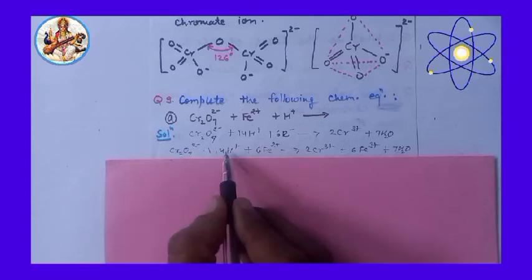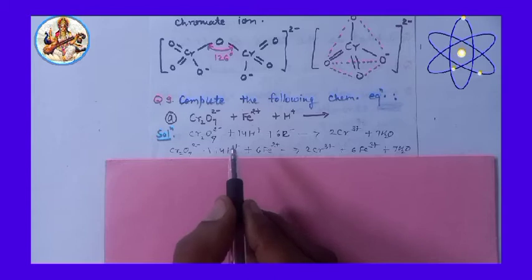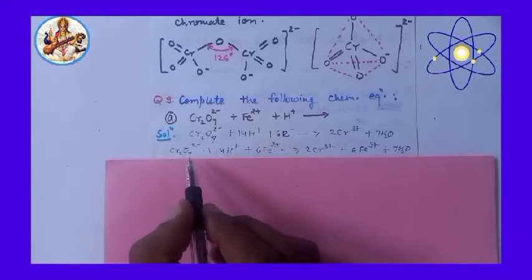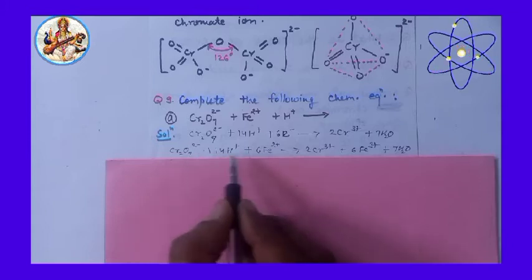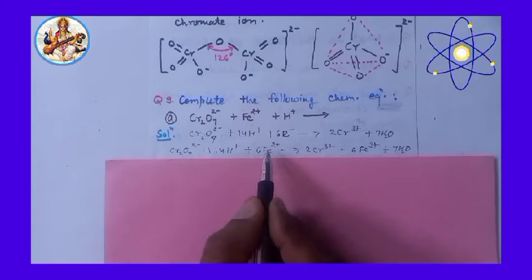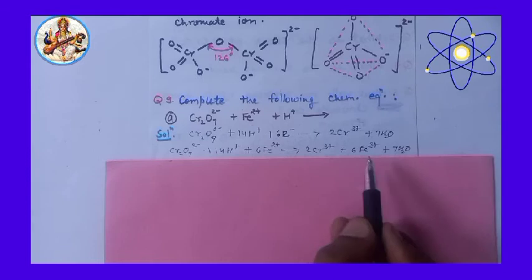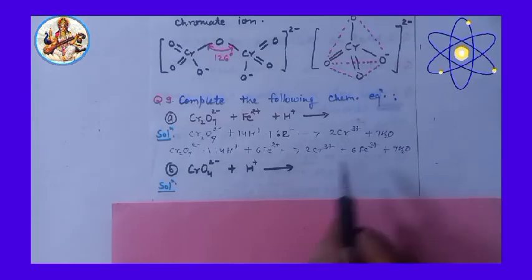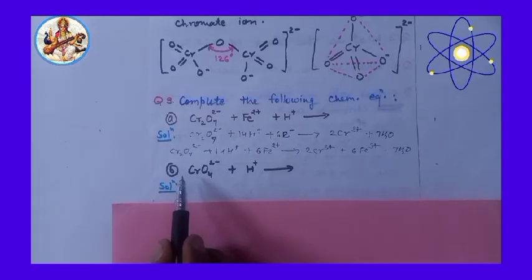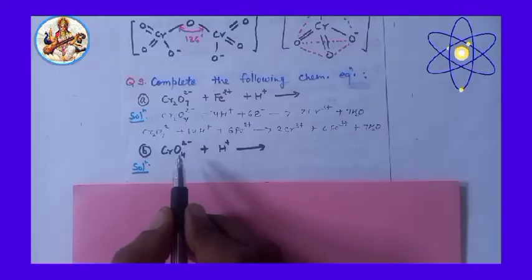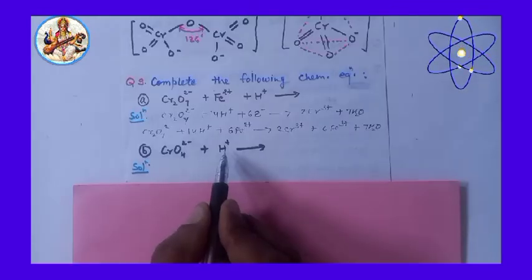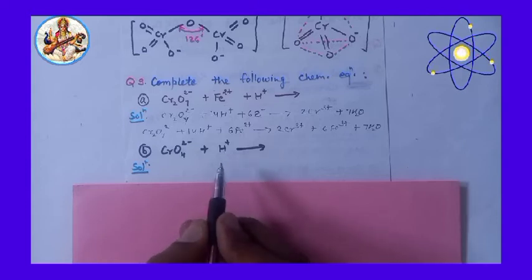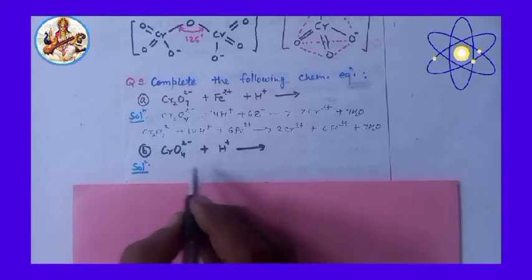So, dichromate ion in acidic medium acts as an oxidizing agent. It oxidizes acidified Fe2+ ions to Fe3+ ions, the ferric ion. Second, the chromate ions on addition of acid change into dichromate ions.